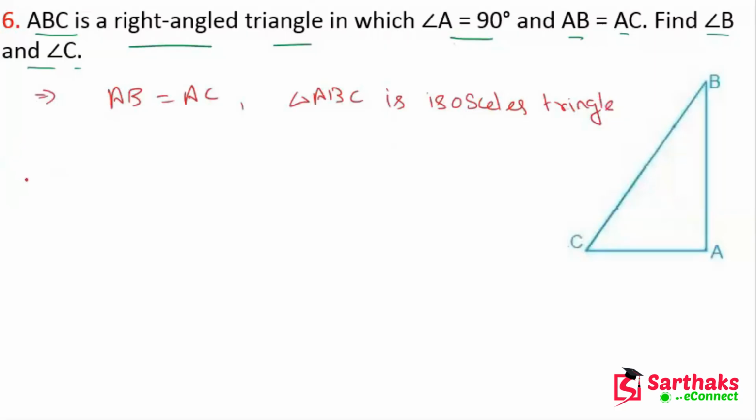By the isosceles triangle property, we can say angle B is equal to angle C. This is by theorem 7.2. Now we know that by the angle sum property, the sum of all the interior angles is equal to 180 degrees.